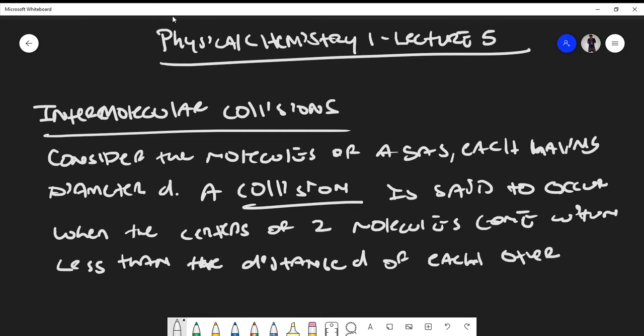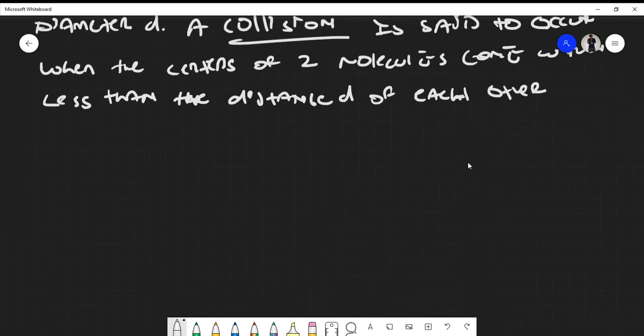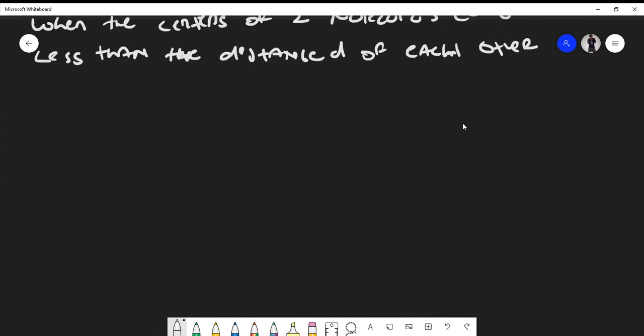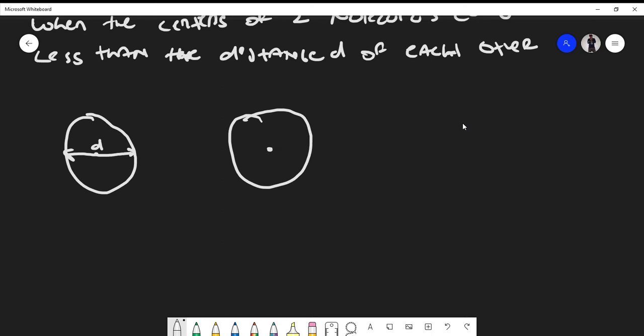So let's look at some examples. If we have this molecule, here's a center, and here's a diameter. And we have another molecule, here's a center, here's a diameter.